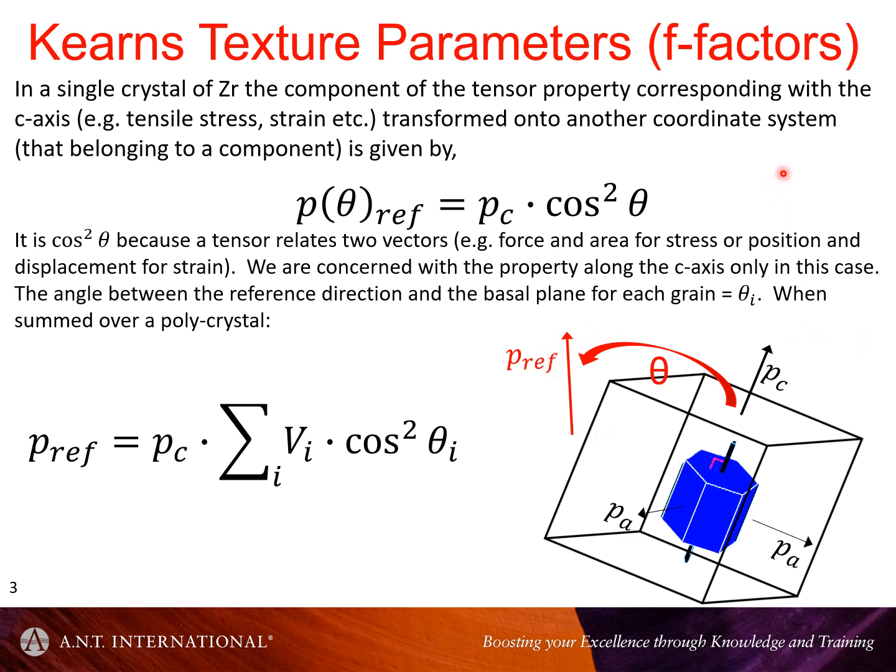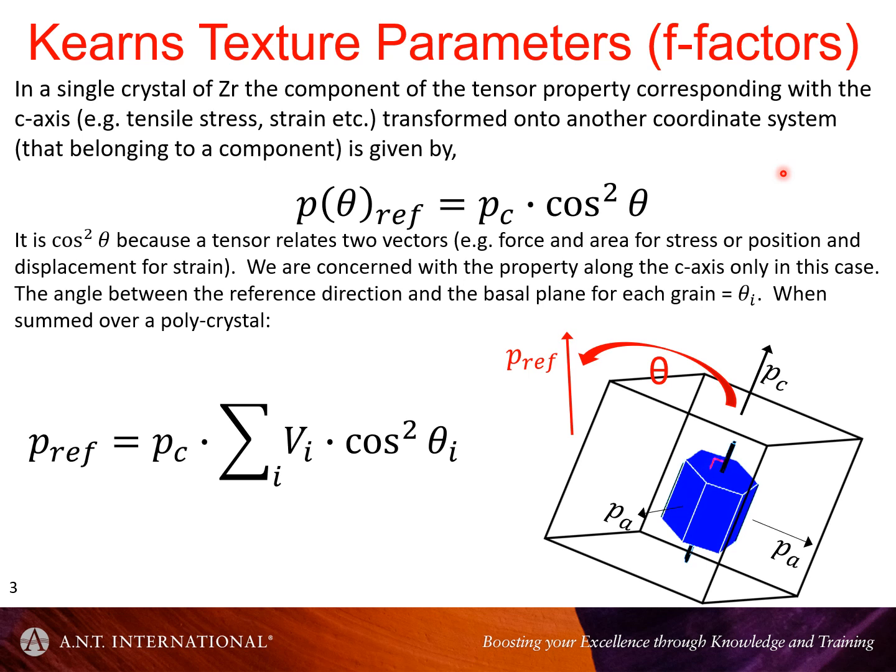Now, Kearns chose the c-axis because the c-axis is a unique axis in the zirconium system, and for the most part, when one examines a tensor property in the c-axis, it tells you a lot about the system.